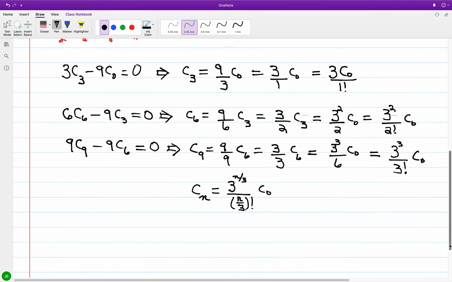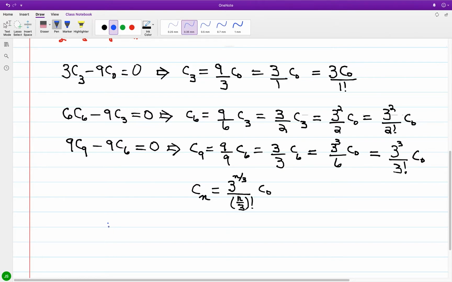And to make an adjustment, say if I want to get rid of the fractions, I can just let n be equal to 3k. So for c of n, I have c of 3k, which is equal to 3 to the k over k factorial c naught.